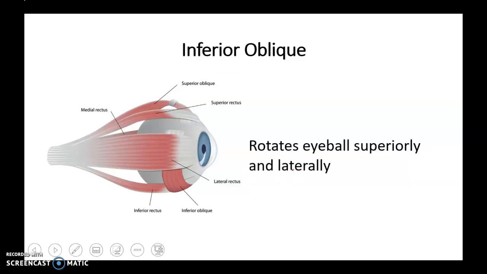And then we have the inferior oblique, which is this one right here. And this muscle rotates the eyeball superiorly and laterally. So inferior oblique moves the eyeball superiorly and laterally, and superior oblique moves the eyeball inferiorly and laterally. The end.